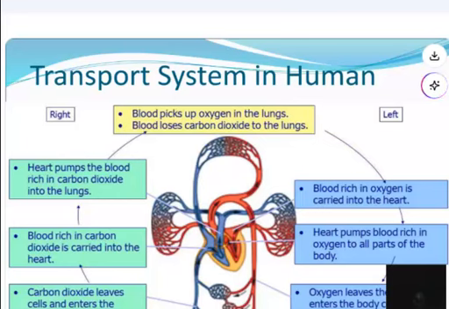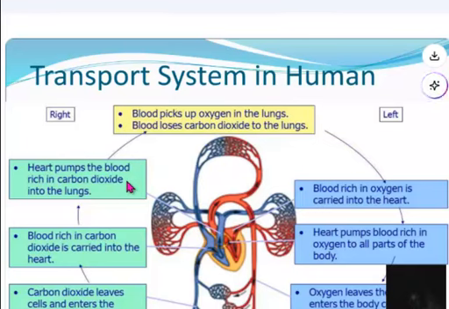You can see the arrow. Blood picks up oxygen in the lungs. Blood loses carbon dioxide to the lungs. As it goes into the lungs, it picks up the oxygen and it loses carbon dioxide. The heart pumps the blood rich in carbon dioxide into the lungs.